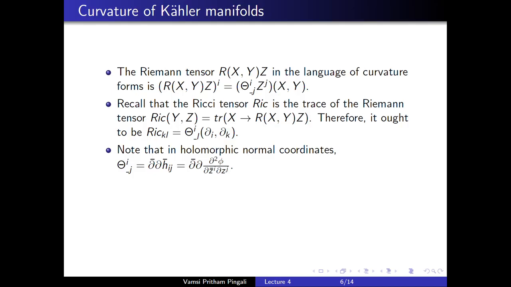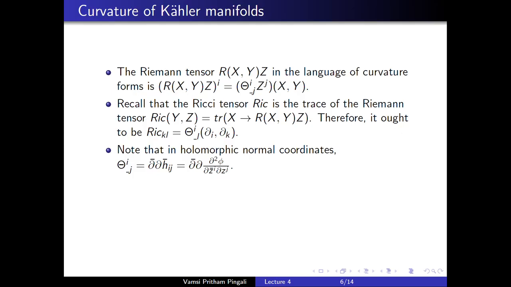It's del bar of h bar inverse del h bar. In holomorphic normal coordinates, the first derivative of h vanishes at that point. H itself is identity at that point. So the matrix for theta is simply del bar del h bar ij. Okay. And since it's Kahler, we know hij is simply the second derivative of the local Kahler potential.